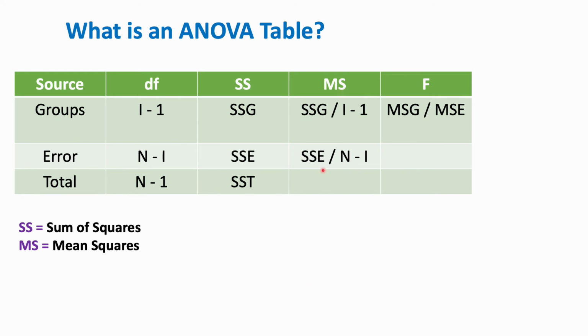Now, one thing to note over here is that we do not add these two values together because we're given two means, okay? We're calculating the mean of the groups and we're calculating the mean of the error. And if we add two means together, that doesn't really give us much information.